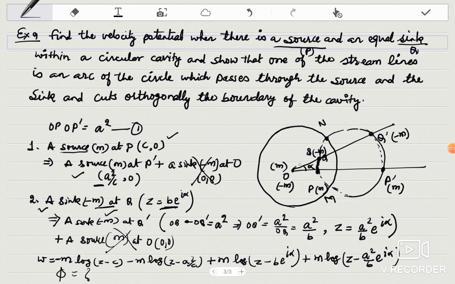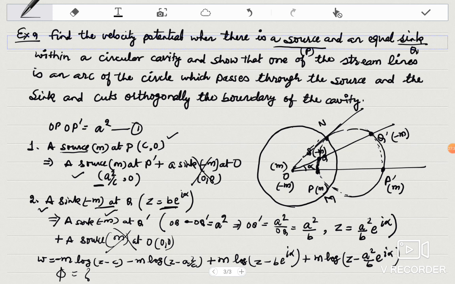So if I join this, the question says that this streamline, which is a part of a circle, will cut this cavity into 90-degree angle.